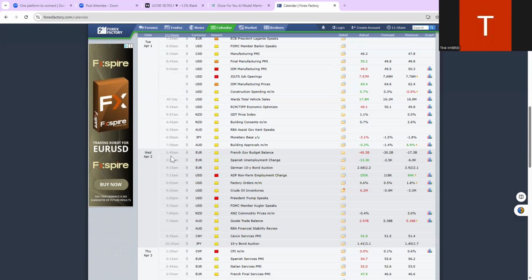So leading up to red folder news times, you can sometimes expect consolidations, the market engineering liquidity above and below the market. So these are all times to be careful until the manipulation comes out and then more of a direction is confirmed.